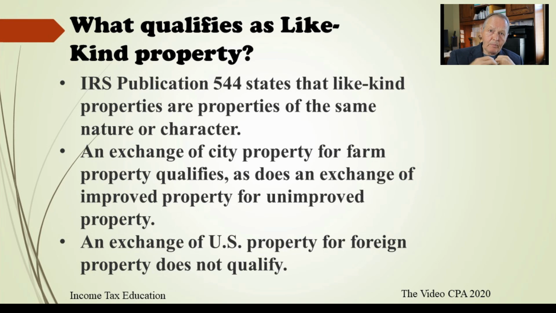You can have city property for farm property. You can have other types of situations. You can have rental property for business type property. The only thing you can't do is exchange something in the United States for something in a foreign land and have like-kind exchange rules apply.